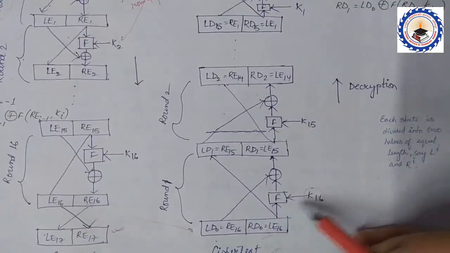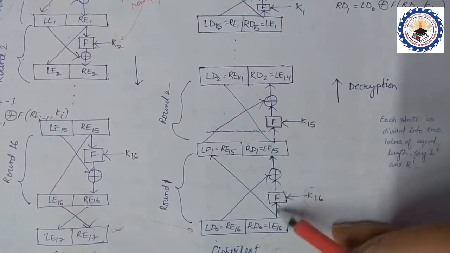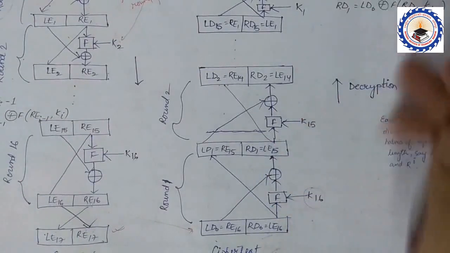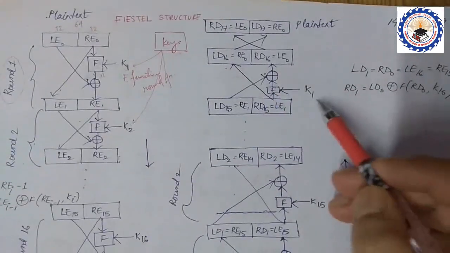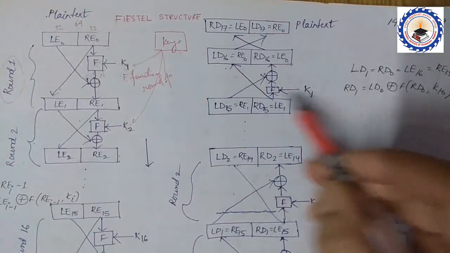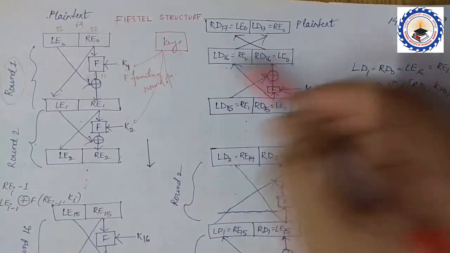You can check this; it's the same method. We perform the XOR operations, we perform the F functions, and then we swap the values, until we come to key K1, which is round 1.